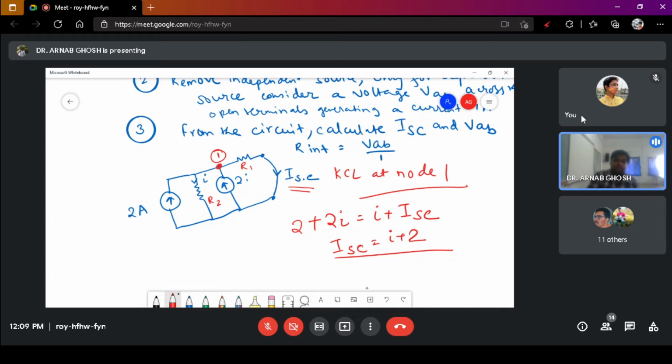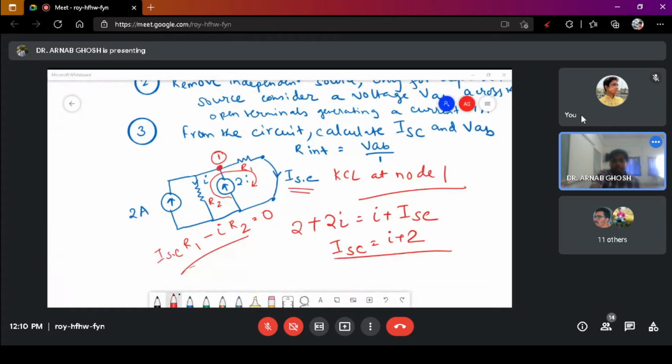This will give us ISC into R1 minus I into R2 equal to 0, because this is a super mesh, so we are taking this entire loop.